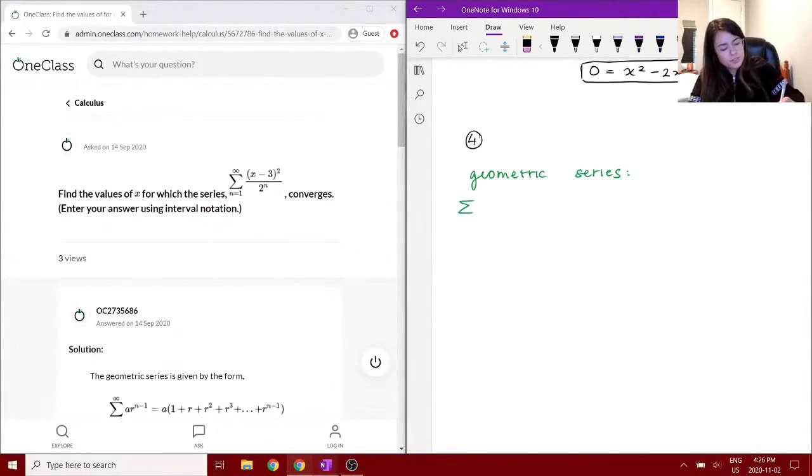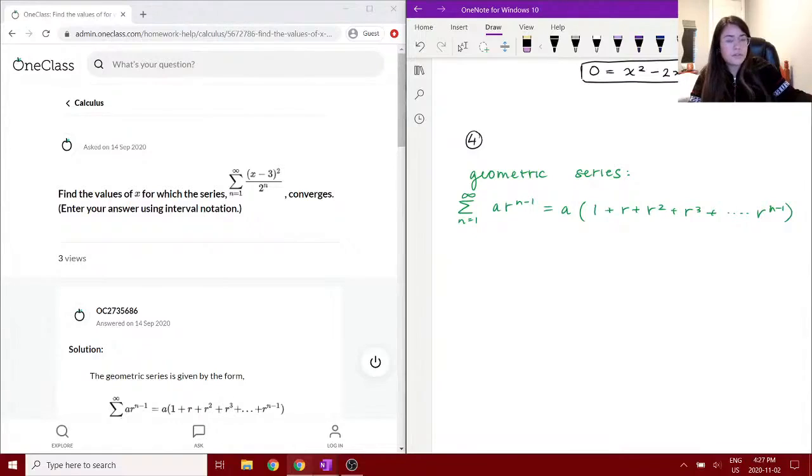So the geometric series is the sum of n equals 1 to infinity of a times r to the power of n minus 1, which is equal to a times 1 plus r plus r squared plus r cubed plus etc., r to the power of n minus 1.